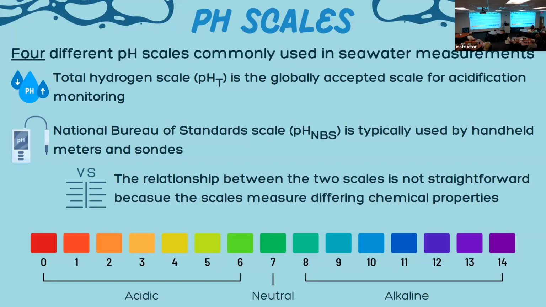They measure two different things. Our total hydrogen scale is accounting for bisulfate, which is important because we're looking at seawater. And so this is our pH scale and acidic, neutral, and alkaline.